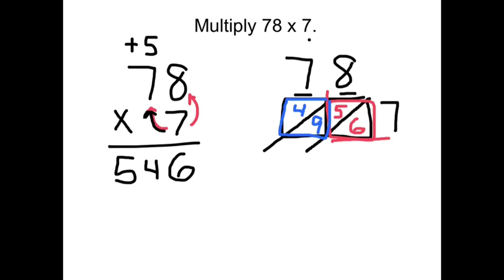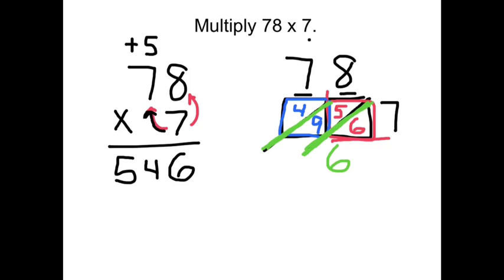Now what I do is I need to add along the diagonals. So on the right of this diagonal, all we have is a 6, so I write a 6. To the right of this diagonal, between the two green diagonals now, we have the 9 and the 5.